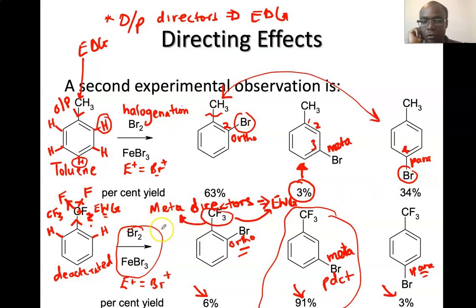So for electron withdrawing groups, the meta hydrogen can be replaced. So you either replace the one to the left or the one to the right, because the meta can be the 3rd carbon or the 5th carbon. Ortho can be the 2nd carbon or the 6th carbon. So this Br could as well even be on this other side. It's ortho, it doesn't matter.